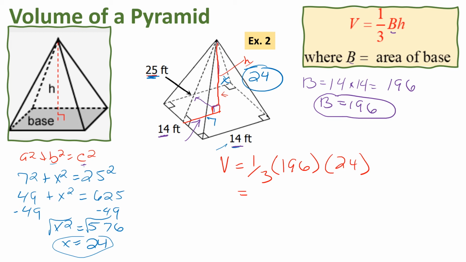That gives me 4704, and then I could divide by 3, and that would give me 1,568 feet cubed. All right. So when you put it in your calculator, if you do 196 times 24, you get this.